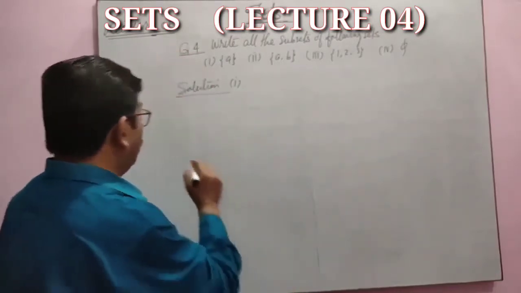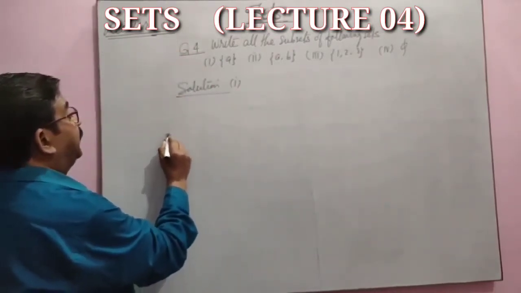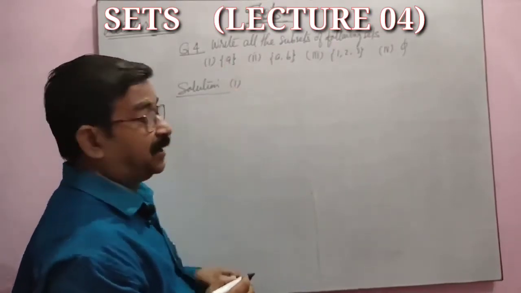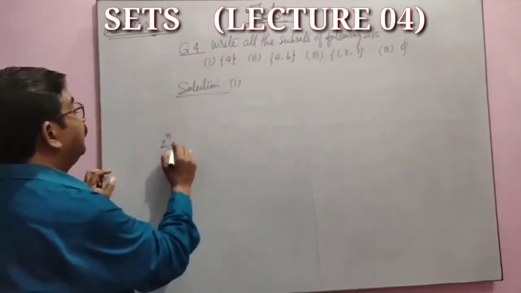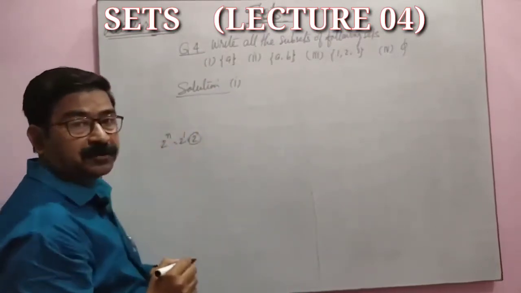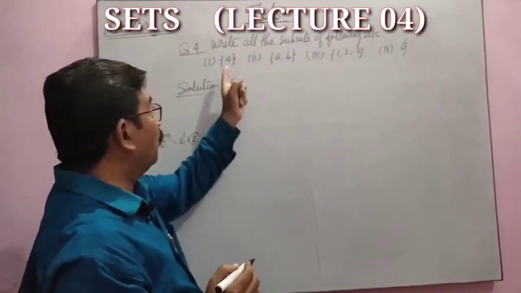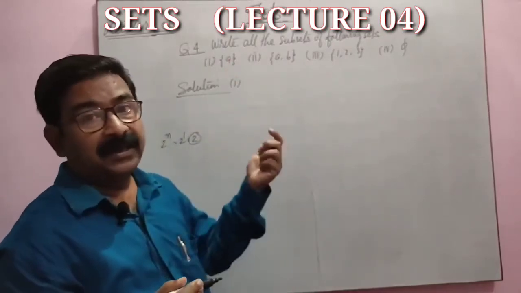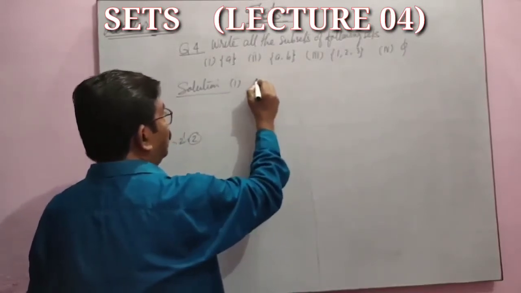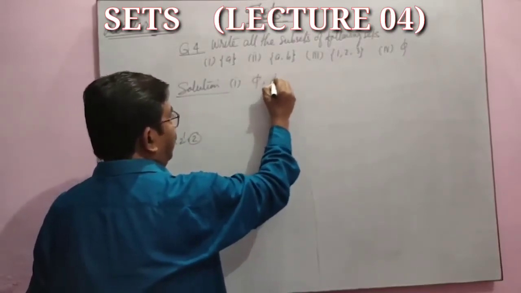I told you the formula 2 to the power n, where n is the number of elements in the set. So here one element means 2 to the power 1, that is two subsets. And which are the two subsets? One is the null set and the other is A itself. So the first one is phi and A.